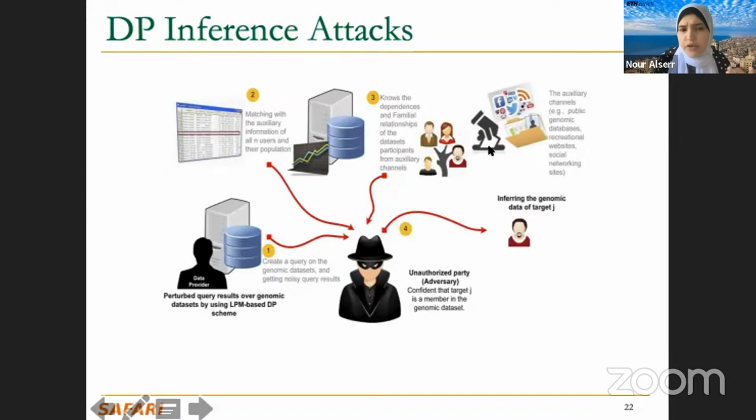He could know this from some side-channel leaks, like social media, or maybe it is a targeted attack in which he knows that these family members are participating in that data set. So using this information, that the family members are included, plus the sum query, he could infer.